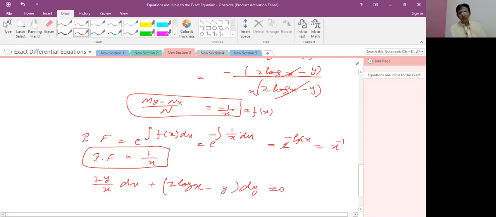It means the coefficient of dy is n and the coefficient of dx is m, multiplied by the integrating factor.